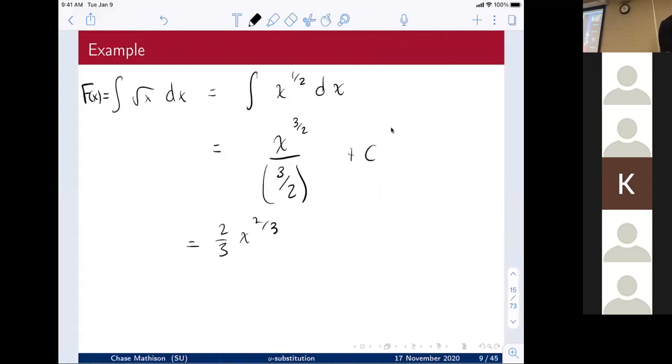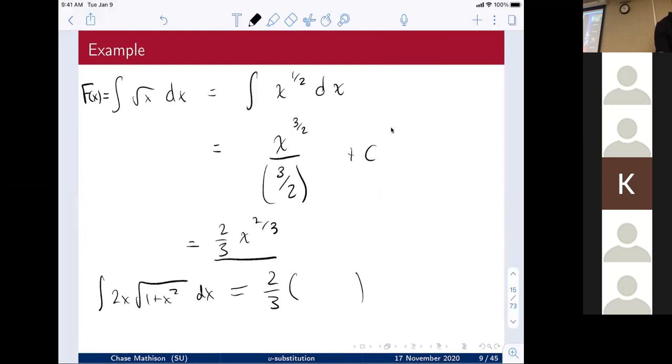Okay? But this means the integral of 2x square root of 1 plus x squared dx is equal to an antiderivative of square root of x. That's 2/3 times x to the 3/2. So I want to plug in g of x into this.